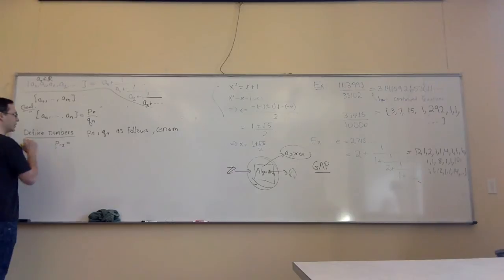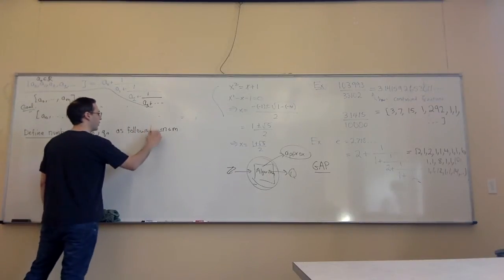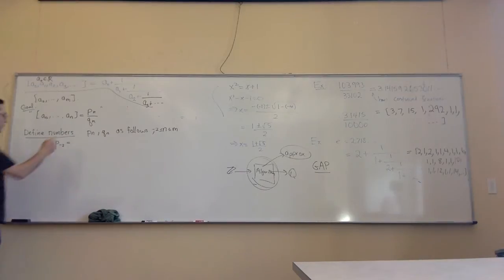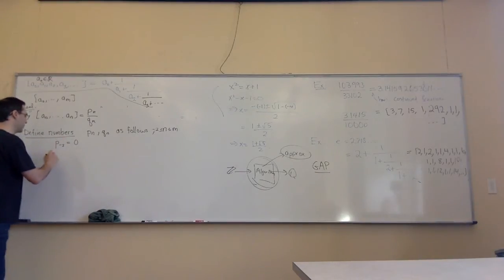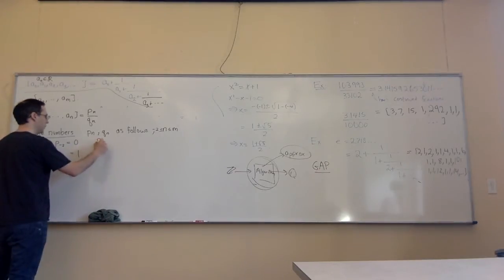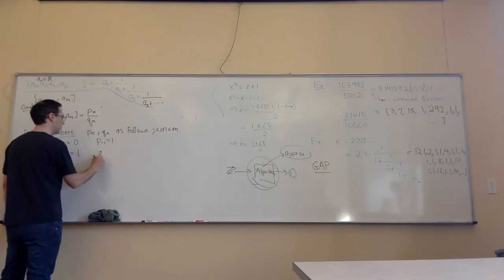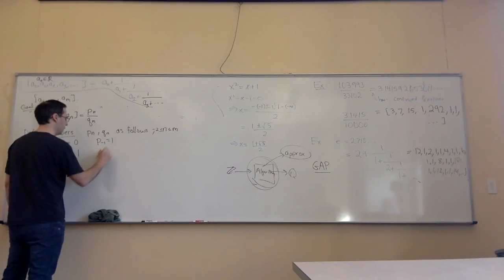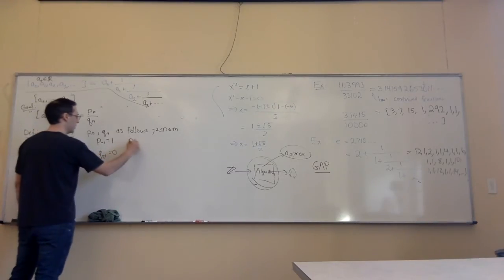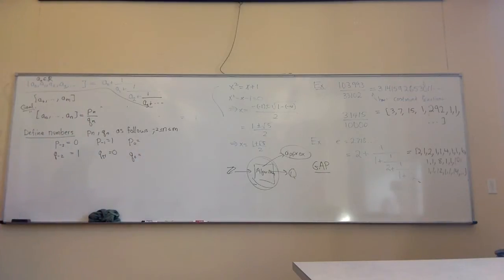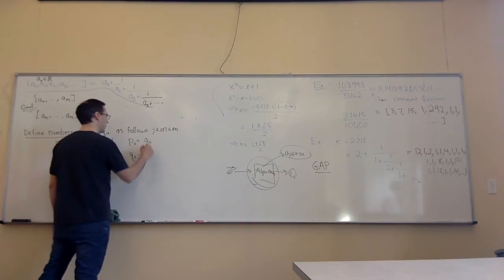I'll define these, actually, going all the way back to minus 2 just to make things really nice and clean. So P minus 2 is 0, Q minus 2 is 1. P minus 1 is 1, and Q minus 1 is 0. P sub 0, Q sub 0 are as follows: a0 and 1.